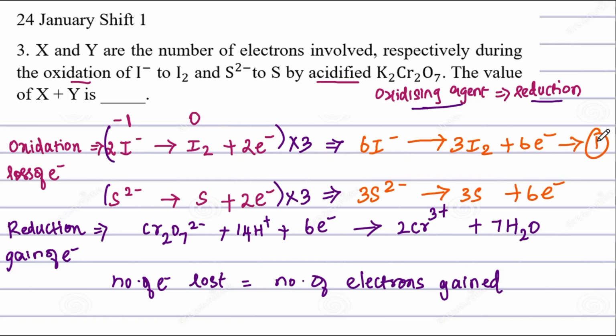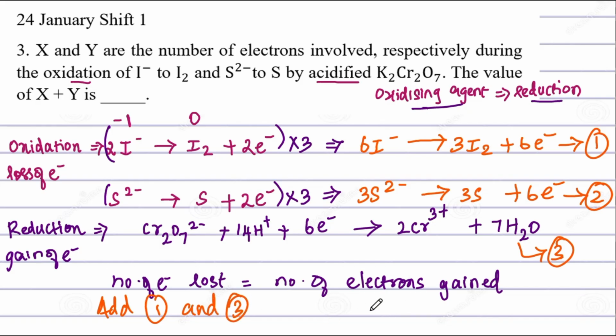Let us keep this as the first equation, this is the second equation, and this one as the third equation. You have to separately add the first and third equation, and then add the second and third equation, because in the question it is given that X and Y are the numbers of electrons involved respectively. So the reactions are separate.